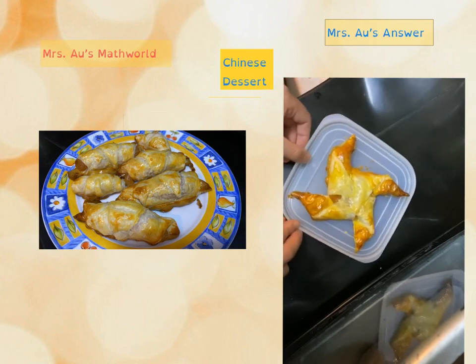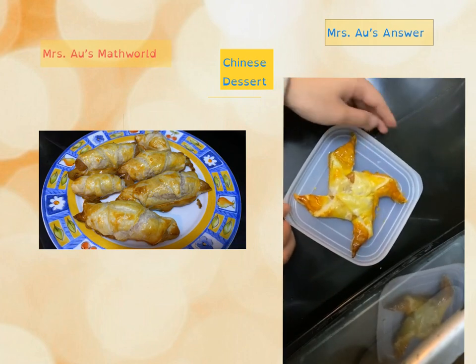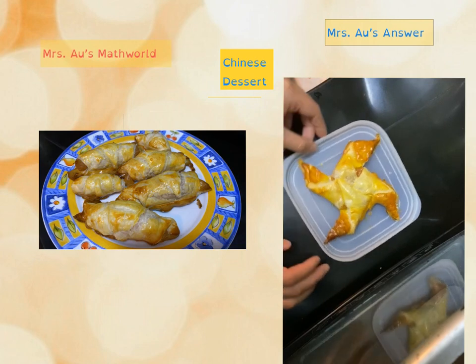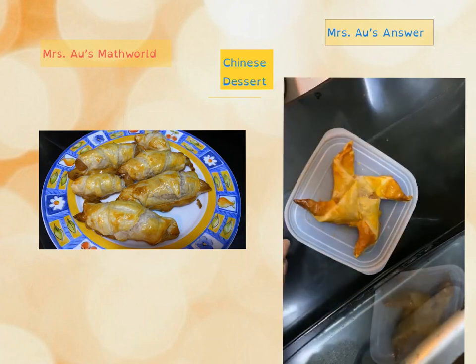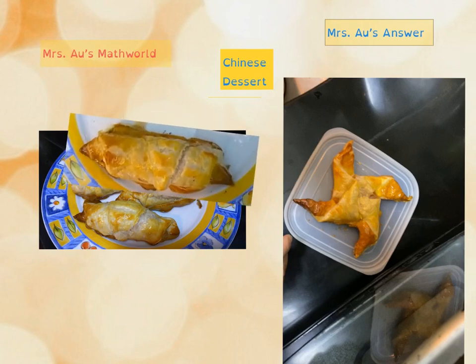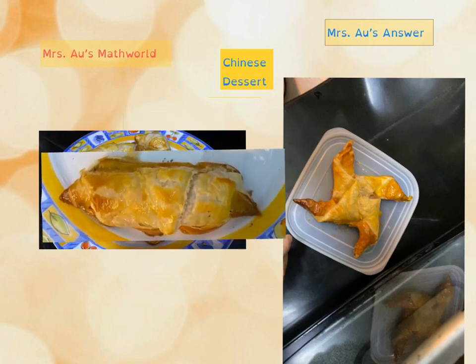Alright, so for the right hand side, you see the windmill has rotational symmetry with order 4. And for the left hand side, you see that there are some cakes, and we take one of them. So you see that this one approximately has an axis of symmetry in this way.